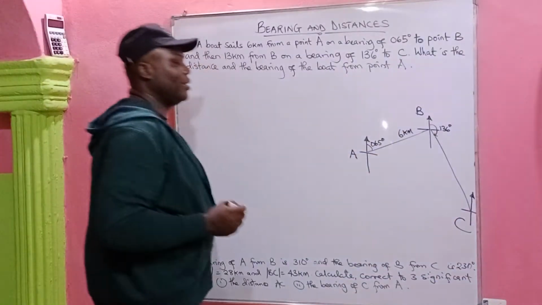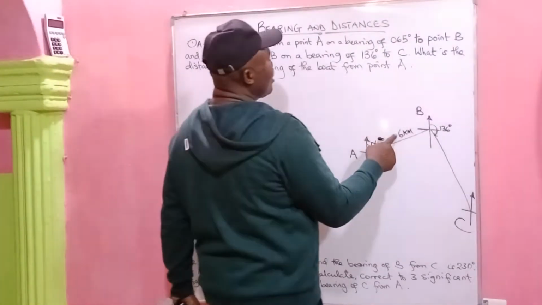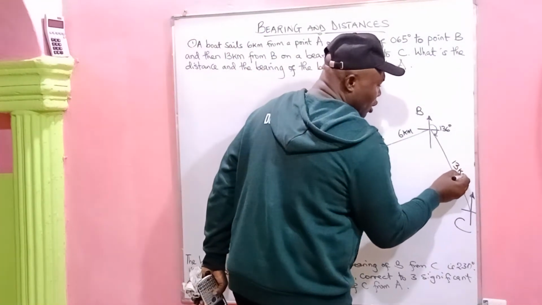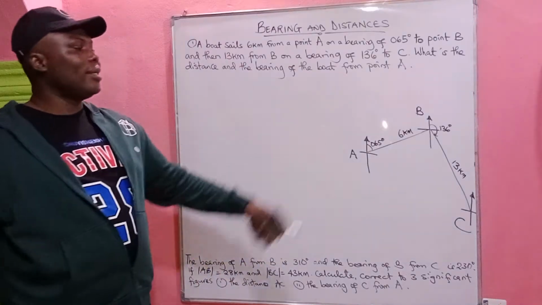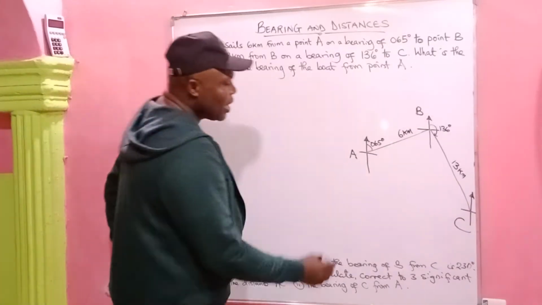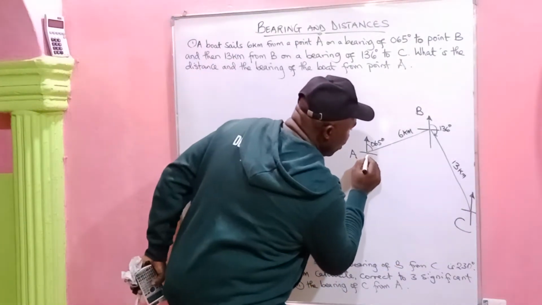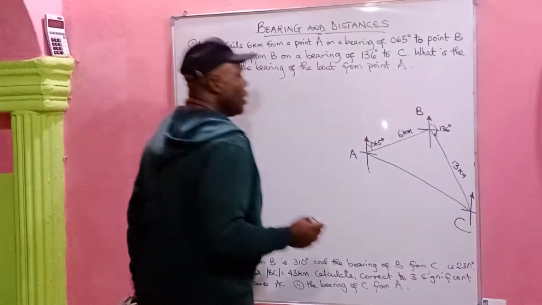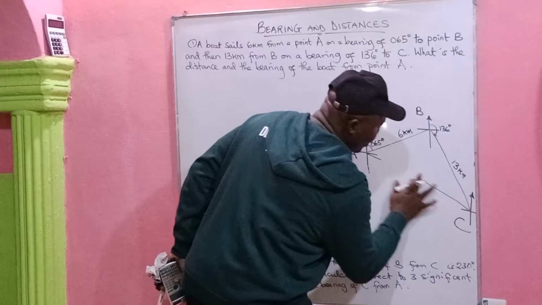That's where C is. But understand that here is 6 kilometers, and this other side is 13 kilometers. So we try to make this side longer than the 6 kilometers. From here, we can now join the points to form a triangle. So we have joined to form a triangle. This is straight, please. It should be straight.